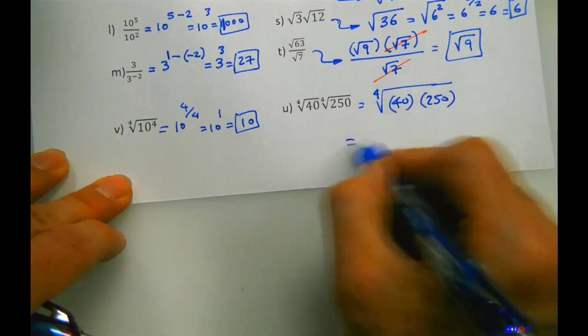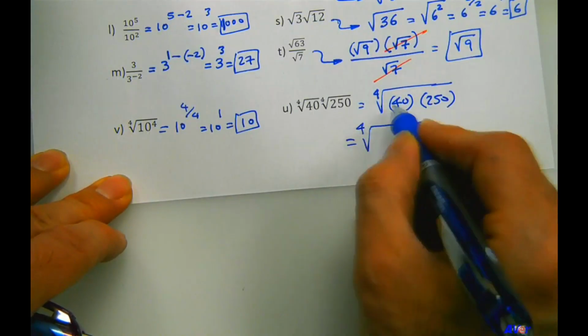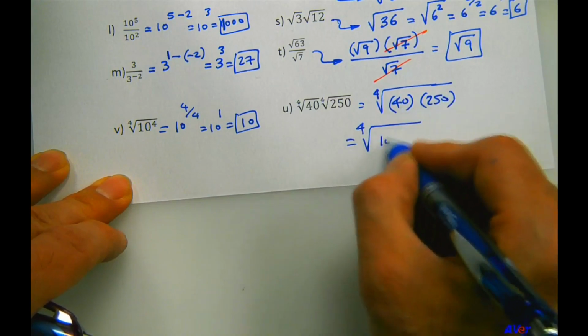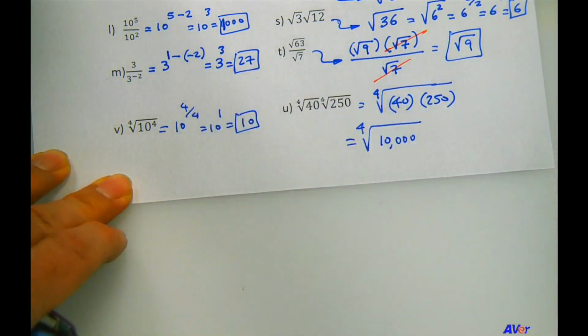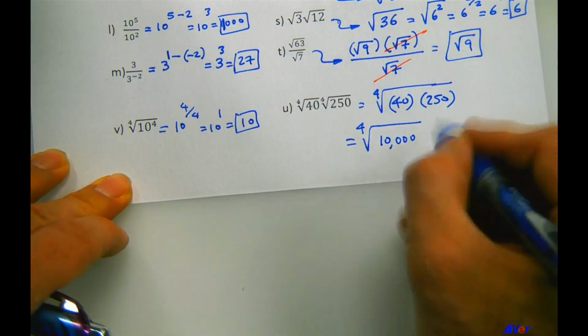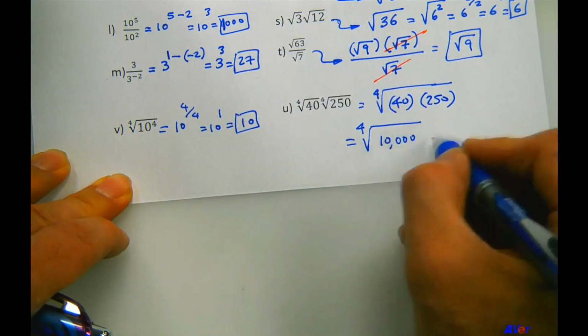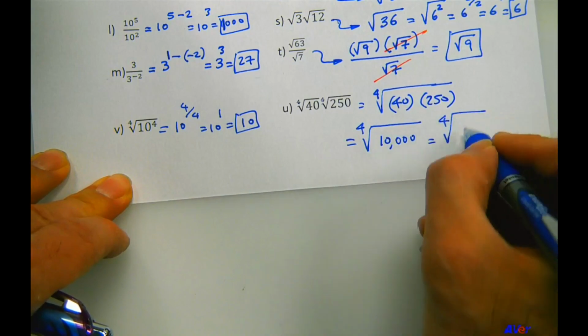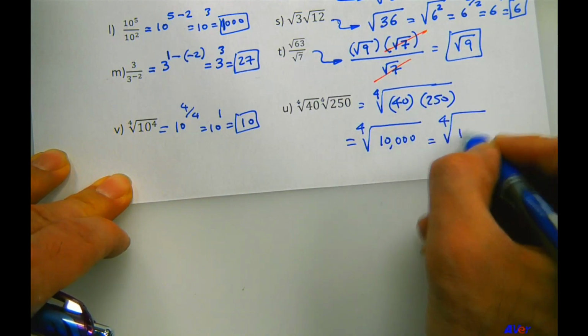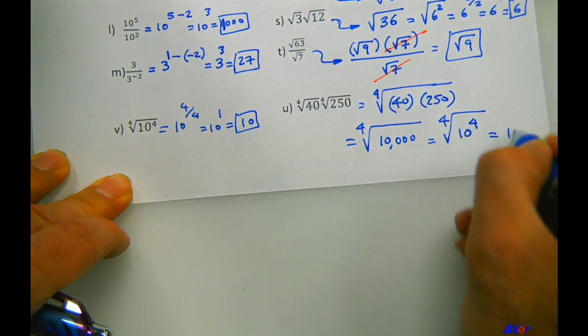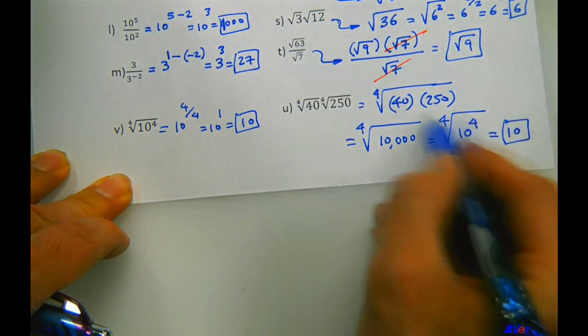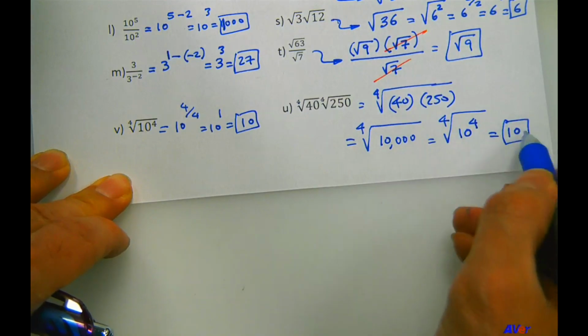We end up with 4th root of 10,000, this 40 times 250 is 10,000. I know because I've done this example many times. And then this is equal to 4th root of 10 to the 4th power, and that is equal to 10, right? Because 4 over 4 is 1, which is 10 to the 1st power, is 10.